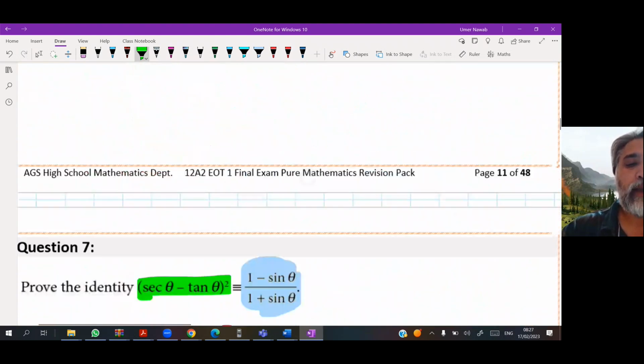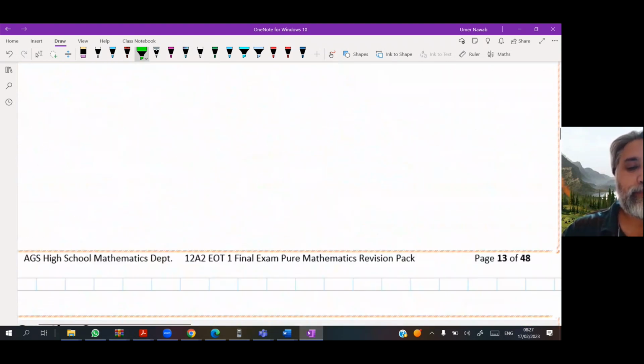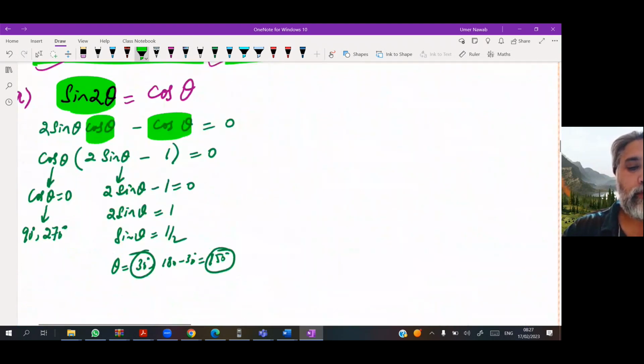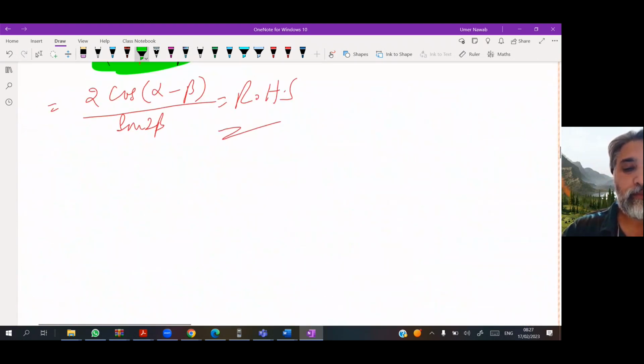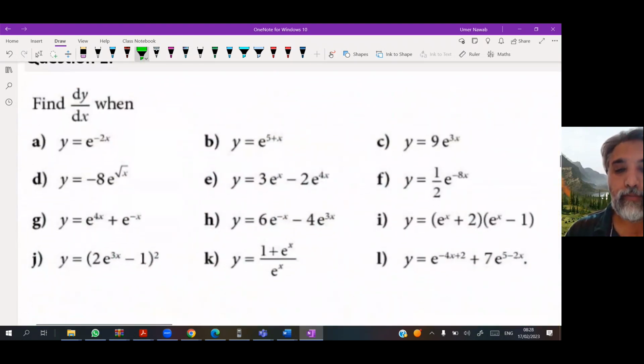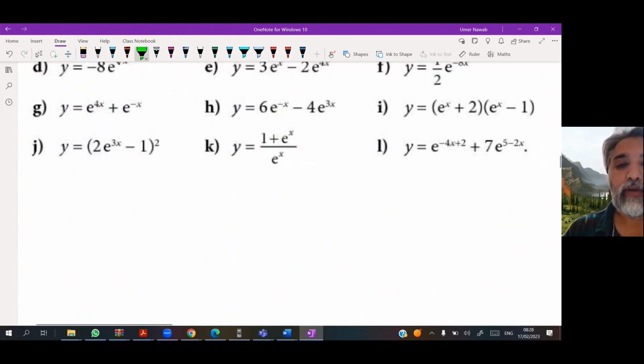Trigonometry, yesterday, I have already explained it to you in the revision session. So let's try to solve all questions on exponential functions.